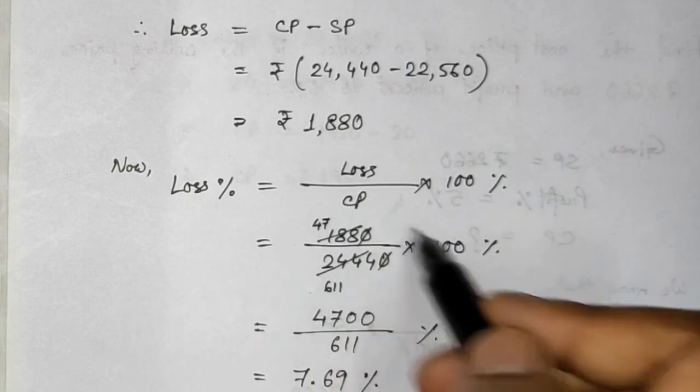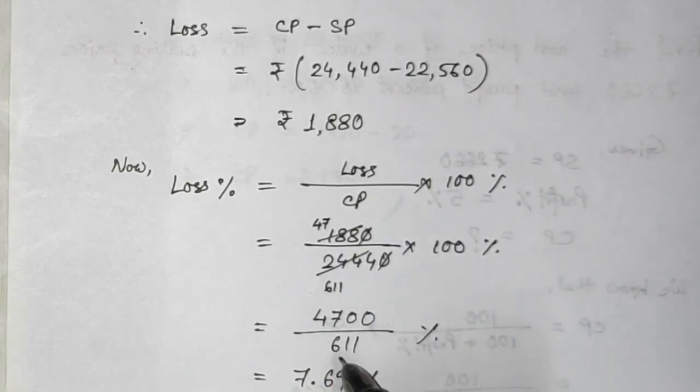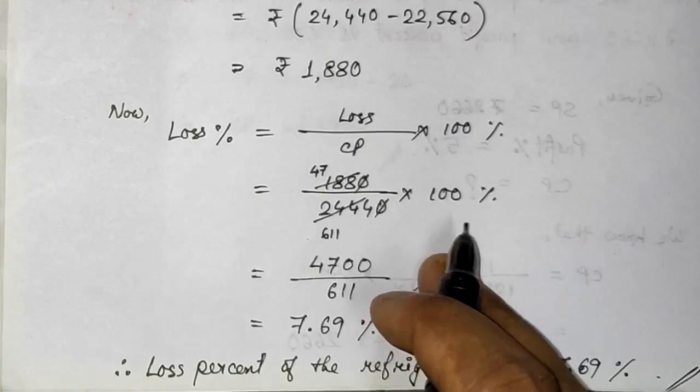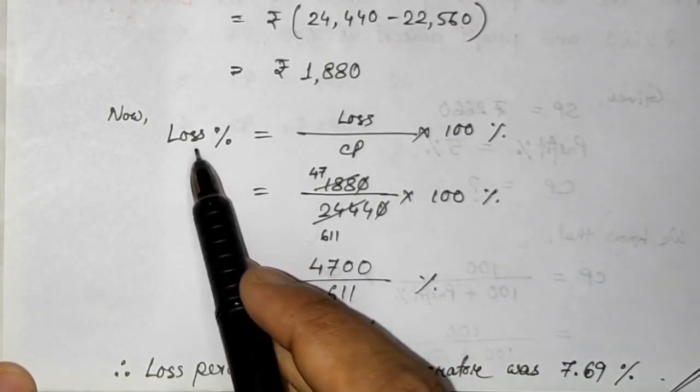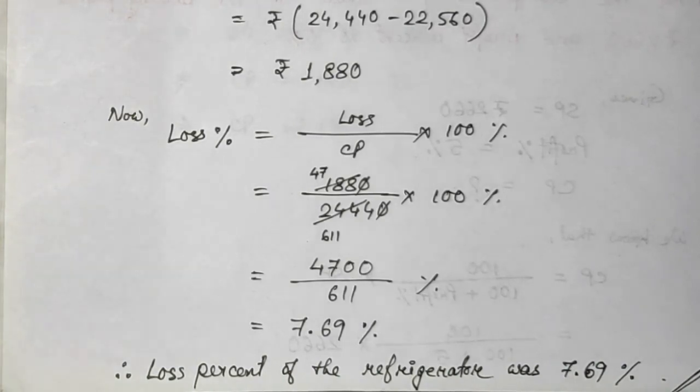Multiply them, 47 into 100, 4700 by 611. After dividing you will get 7.69%. So 7.69% is the loss percent. Therefore write: loss percent of the refrigerator was 7.69%. Similarly you can do the remaining problems from this exercise using the given formulas.